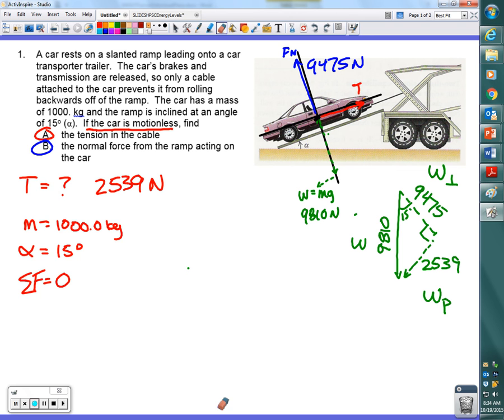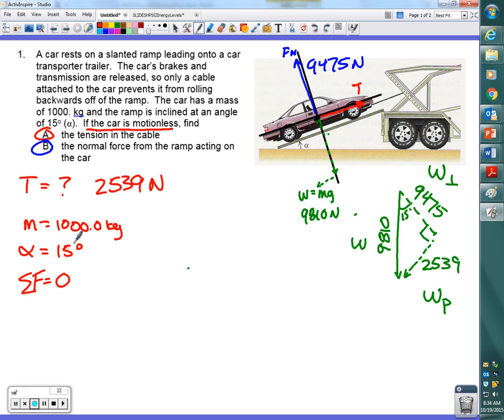Cindy asked about the positives and the negatives, right? Fuad asked about that the other day, and I said, when we're doing pictures, let's just leave the numbers, because the arrows will tell us the direction.